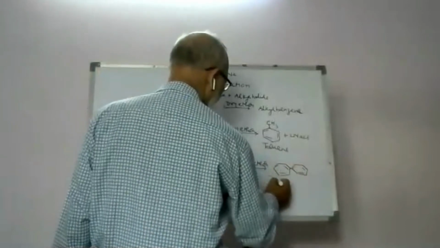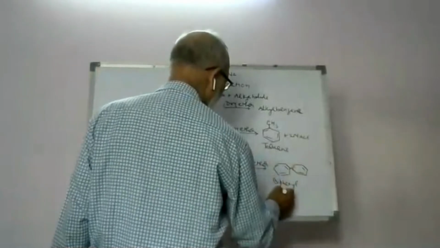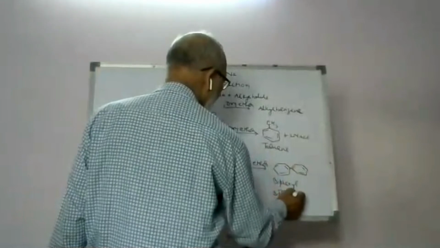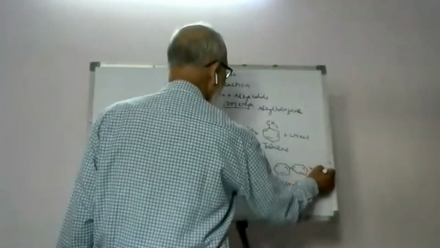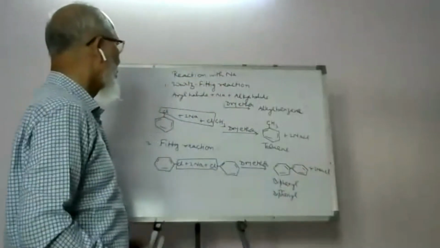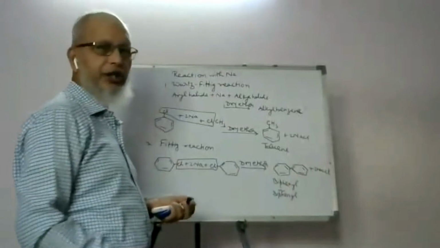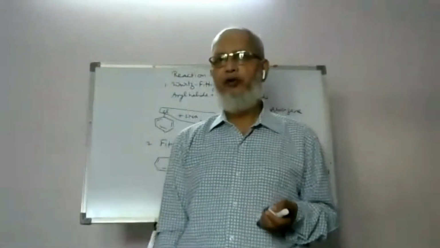This is your biphenyl, also called diphenyl or diaryl, plus 2NaCl. Now these reactions can also be carried out by using bromobenzene or iodobenzene in place of chlorobenzene. Then also the same compound will be obtained.